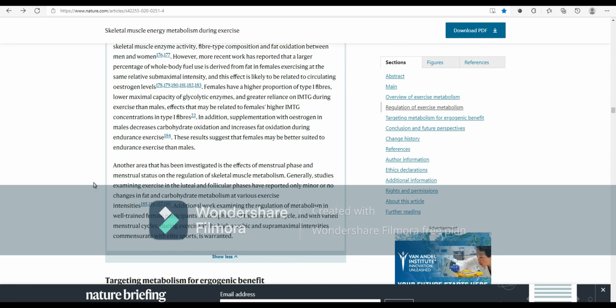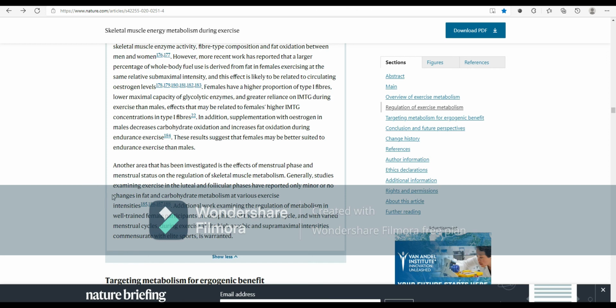Another area that has been investigated is the effects of menstrual phase and menstrual status on the regulation of skeletal muscle metabolism. Generally, studies examining exercise in the different phases have reported only minor or no changes in fat and carbohydrate metabolism at various exercise intensities.